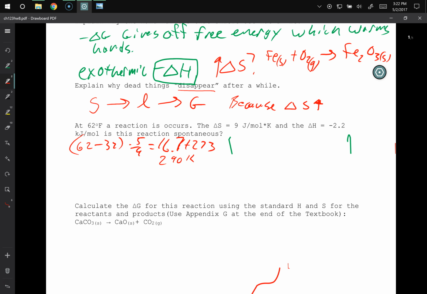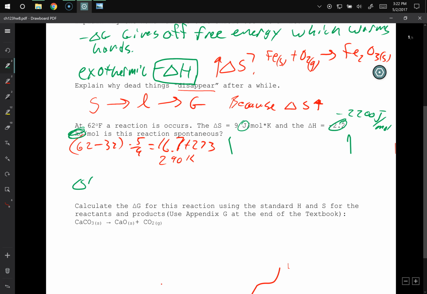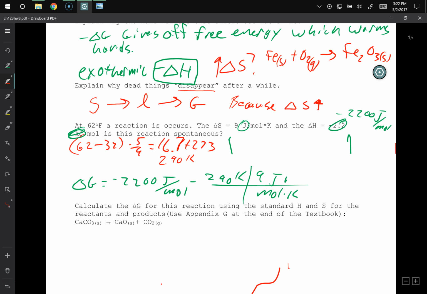So what else do I want to do? Yeah, this kilojoules and this joules, that's going to be a problem for us. So I'm going to take this and turn this into negative 2200 joules per mole. Okay, so my delta G is equal to negative 2200 joules per mole minus 290 K times 9 joules per mole K. And so then my K's cancel out.